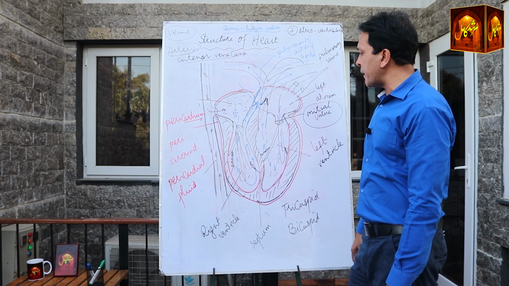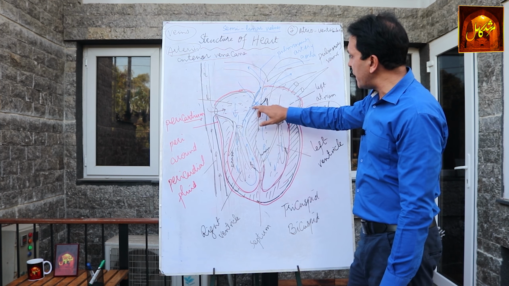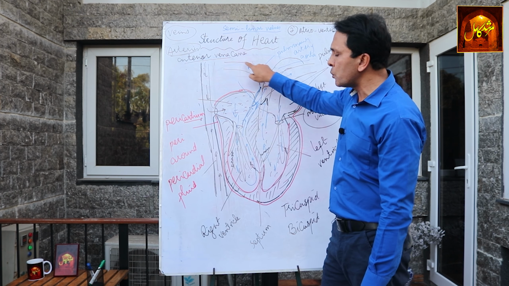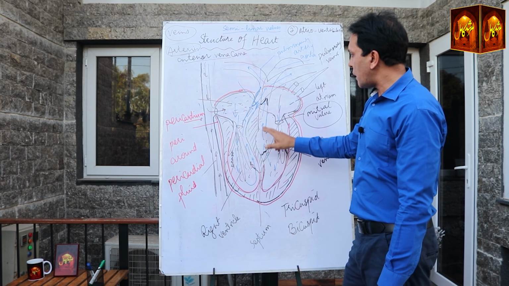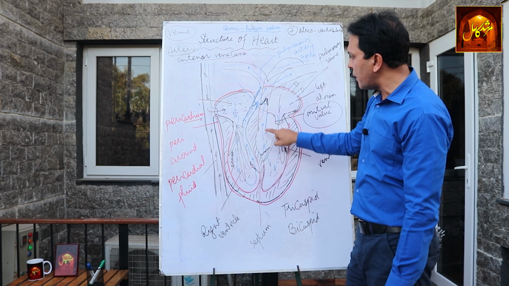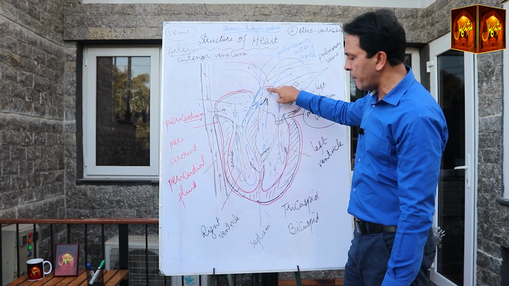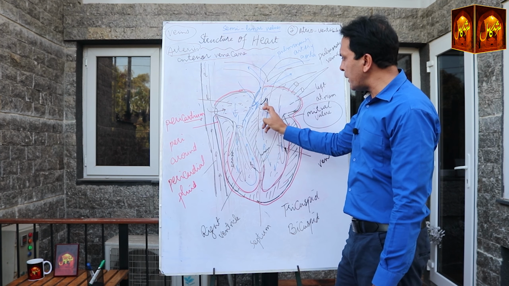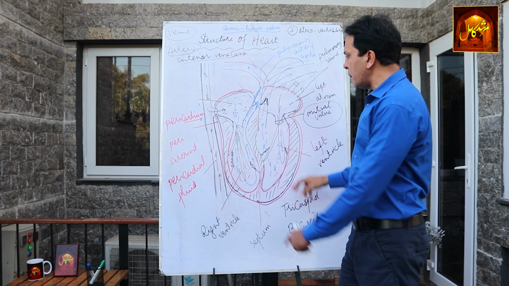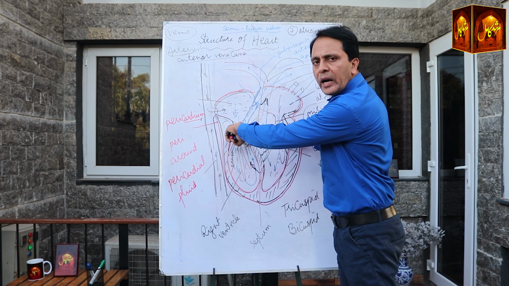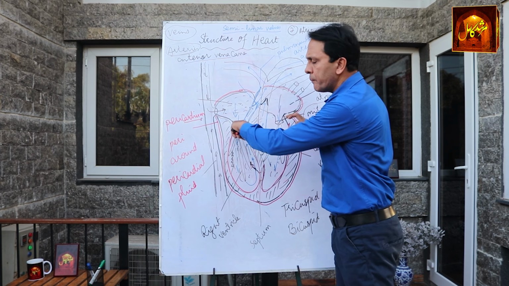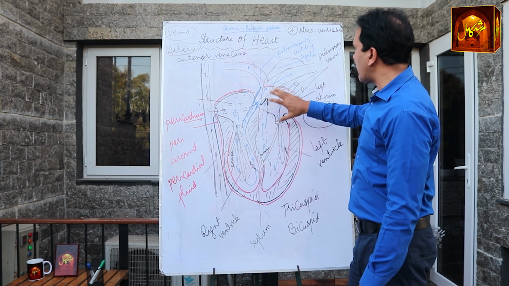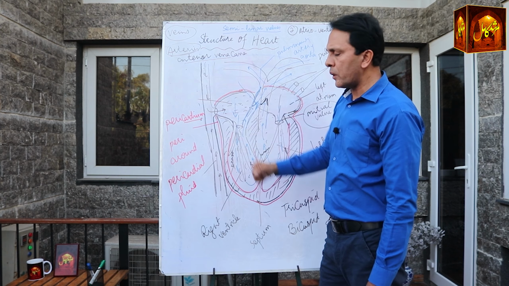When ventricles contract, from the right side blood is pumped into the pulmonary artery towards the lungs for purification, and from the left ventricle it is pumped into the aorta through the semilunar valve. When these 2 semilunar valves are open, these 2 atrioventricular valves are closed at that time. Then blood leaves the heart from the aorta and reaches all parts of the body.